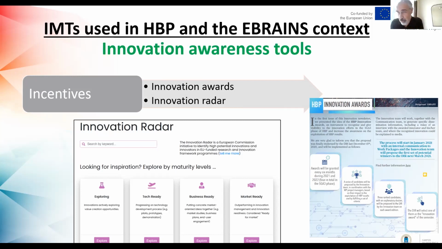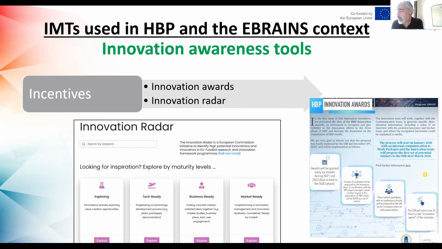One of them is HBP. And they classify the results in 4 groups. Something that is just an exploration, that does not have a very high level of maturity. Something that is tech ready, technologically ready, business ready, or market ready.